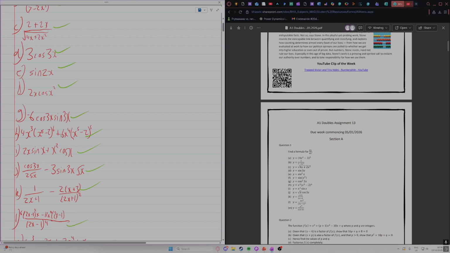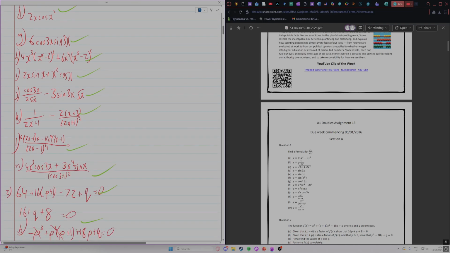This is product rule and chain rule. This is product rule. This is product and chain rule. This is product, or you can use product or quotient rule. I use product. This one I use quotient, and this one is also quotient. So that's not too bad.